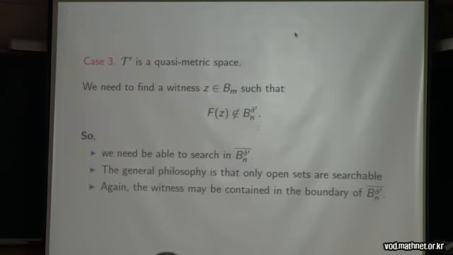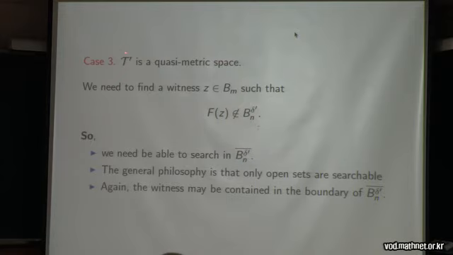So let's consider that T dash is a quasi-metric space. Now we need to find again a witness, which is in Bm, such that f of z is not in B delta dash n.